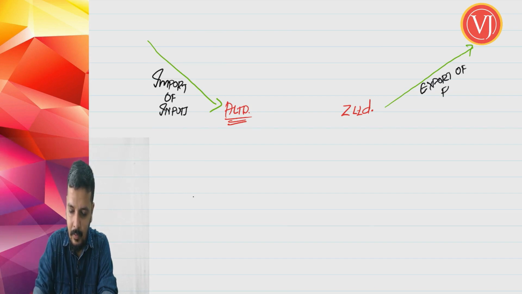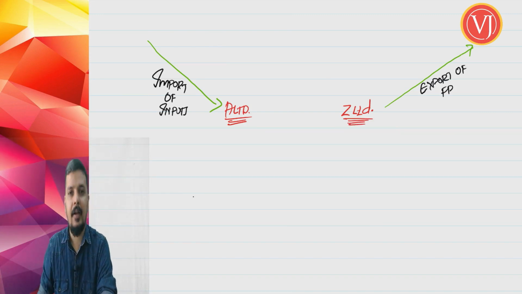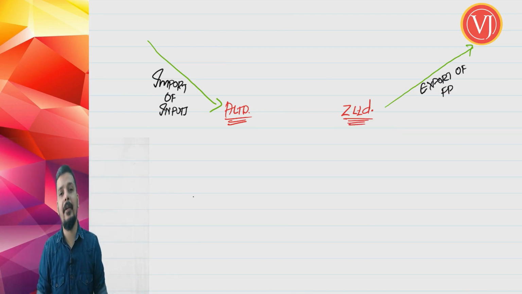Export of final product, right? But you are talking about intermediary supplies against advance authorization.